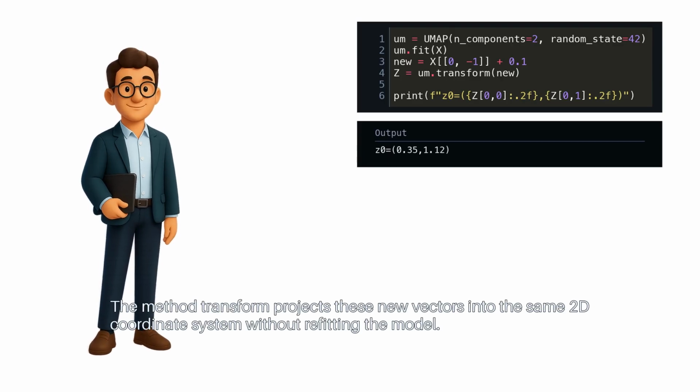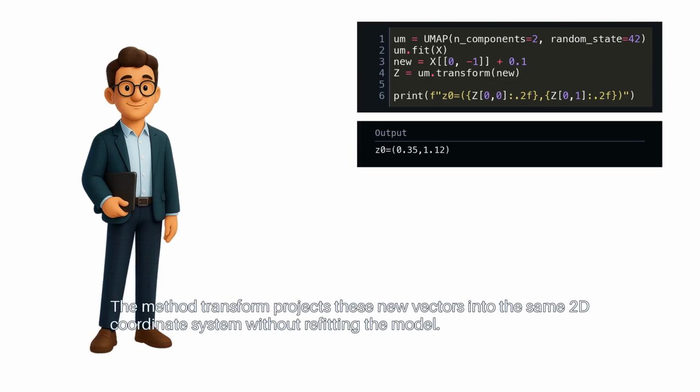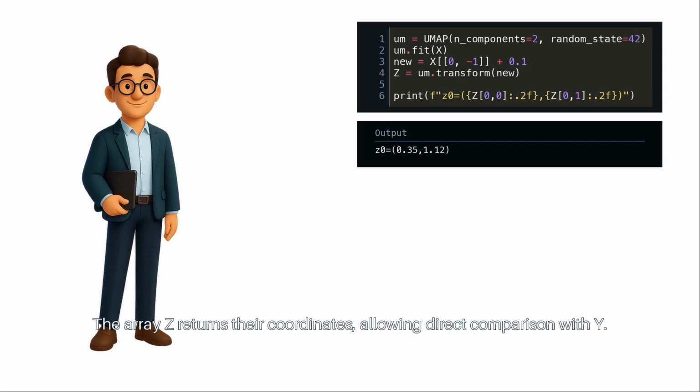The method transform projects these new vectors into the same 2D coordinate system without refitting the model. The array Z returns their coordinates, allowing direct comparison with Y.